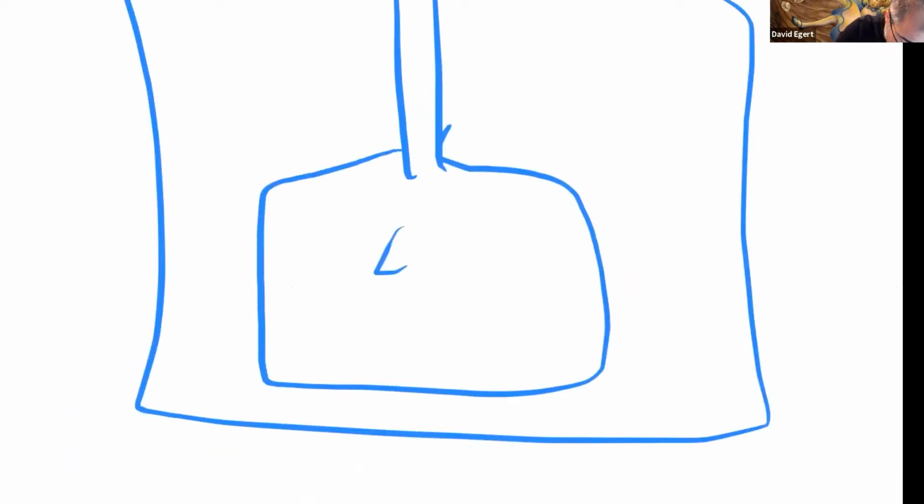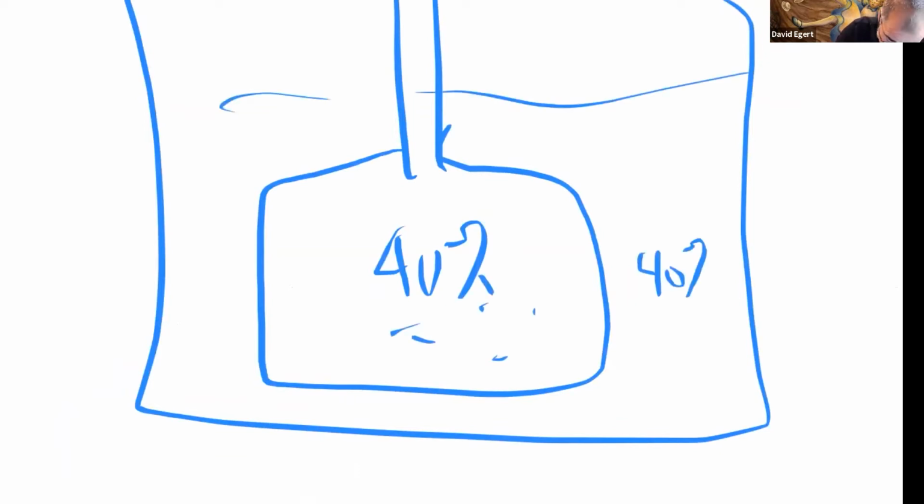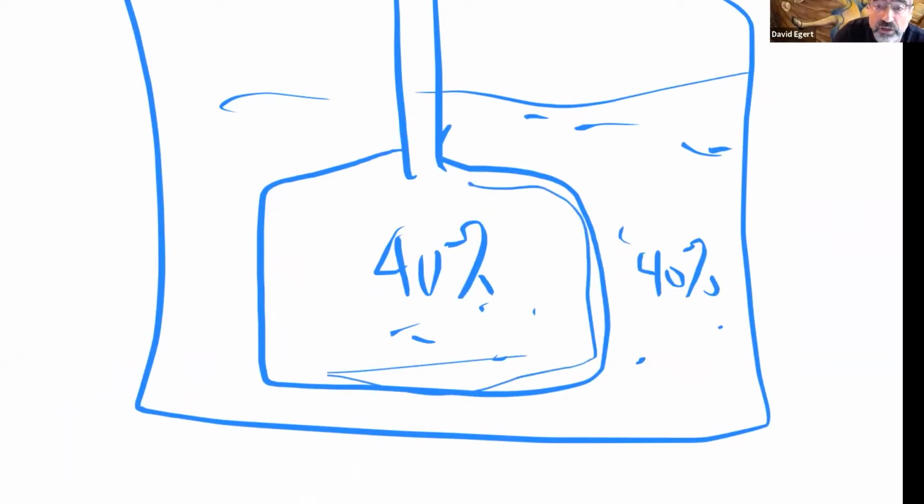I make this distinction because if I put my osmometer with 40% inside, but then I also had 40% outside, what would the water do? Nothing. It wouldn't move. I can have 40% in the osmometer and have 0 osmosis if there's no gradient, if there's no difference between the two sides of the membrane.